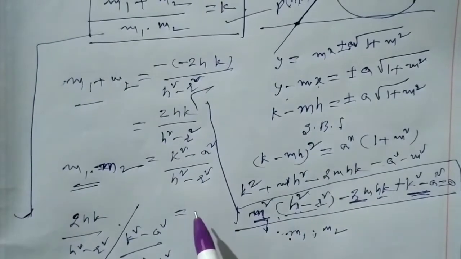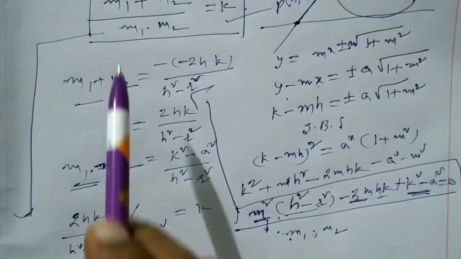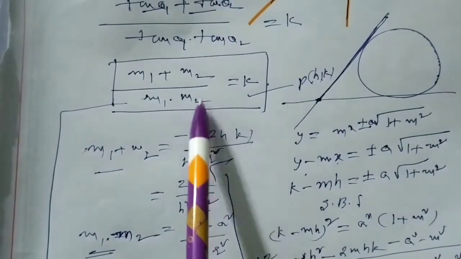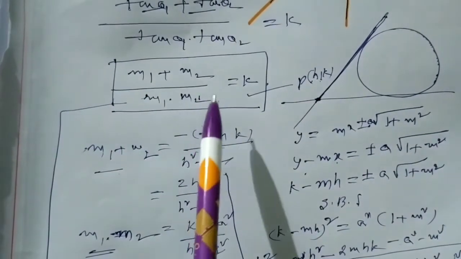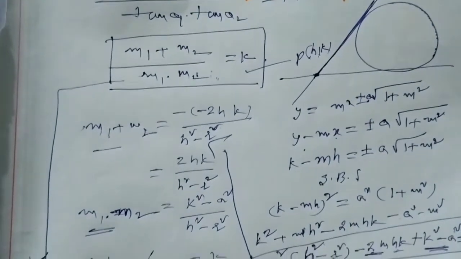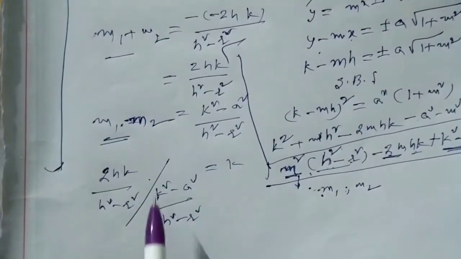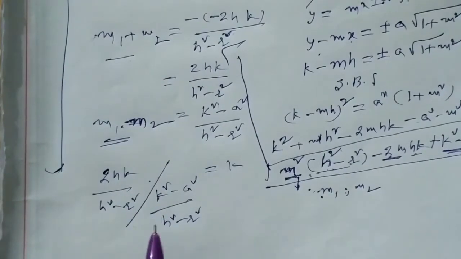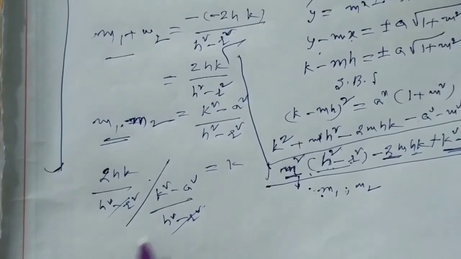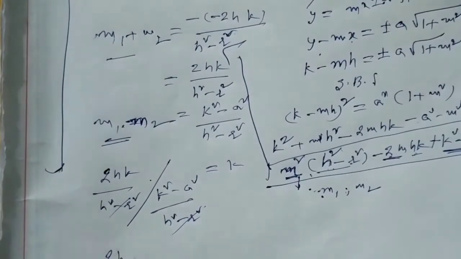This is equal to k from the given condition. What is the condition? In the problem it is given. Using this condition, we need to find out the locus of point P. So we substitute in the given condition, h square minus r square is cancelled. By simplifying, you will get 2hk.